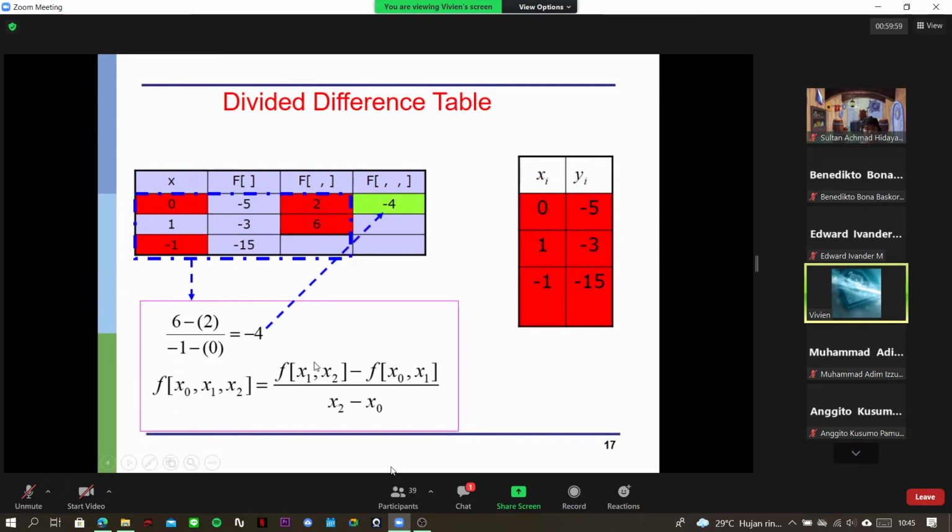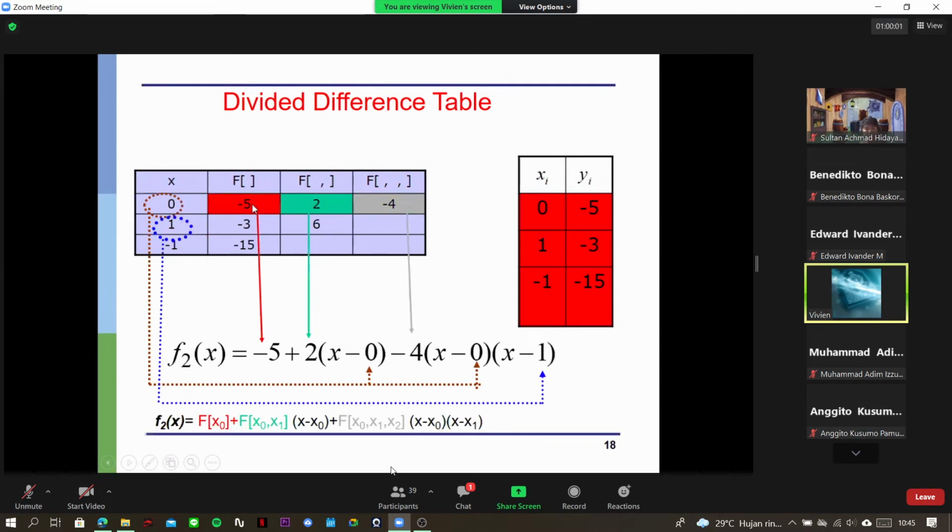With this, we have P0. So F2(x) will be equal to P0 plus P1 (x minus x0) plus P2 (x minus x0)(x minus x1).